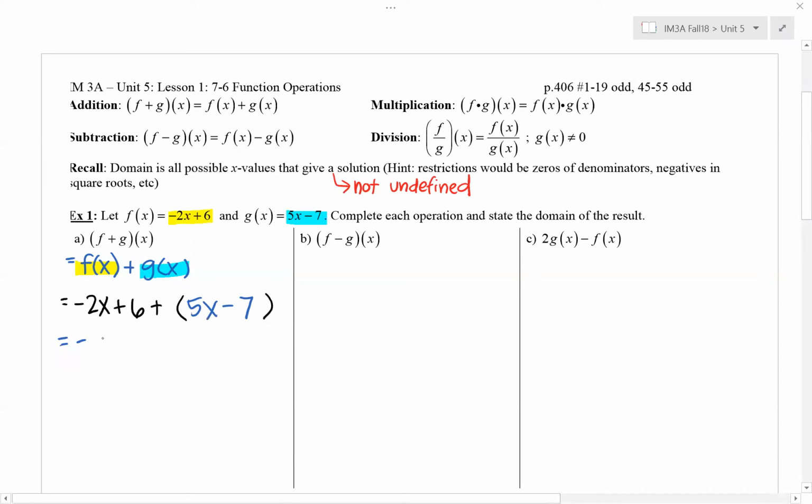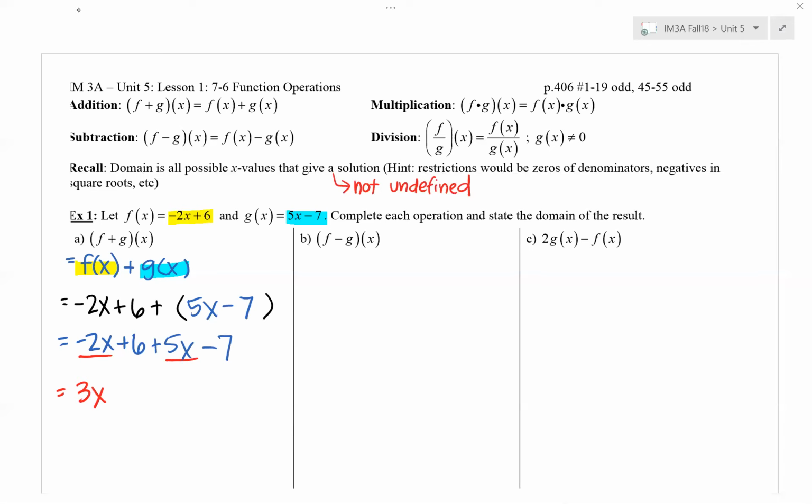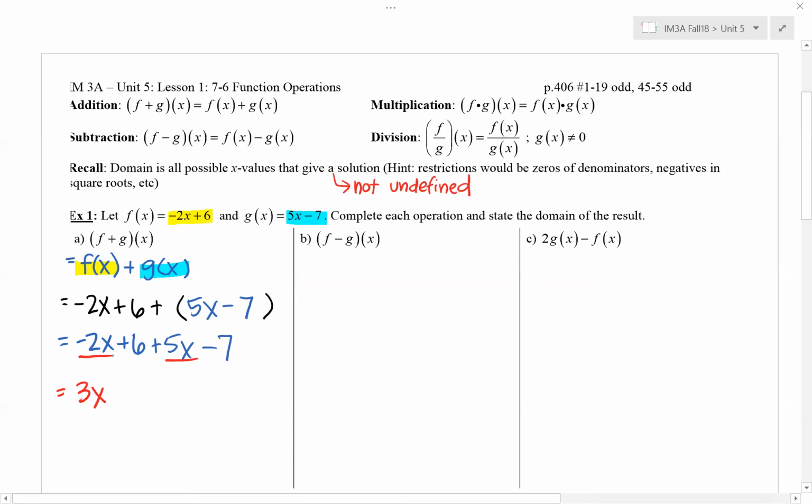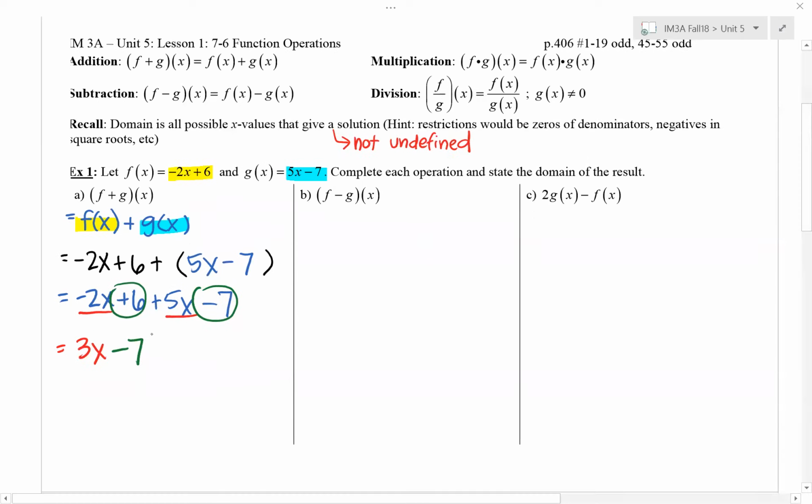So I have negative 2x plus 6 plus 5x minus 7, and I can go ahead and combine like terms. My like terms here are negative 2x and 5x. If I add those together, I get 3x. And then I have constants, so 6 plus negative 7 is going to give us negative 1. So our f of x plus g of x is 3x minus 1.